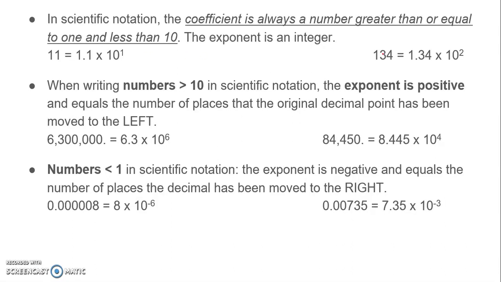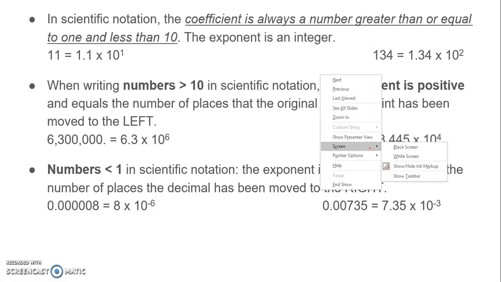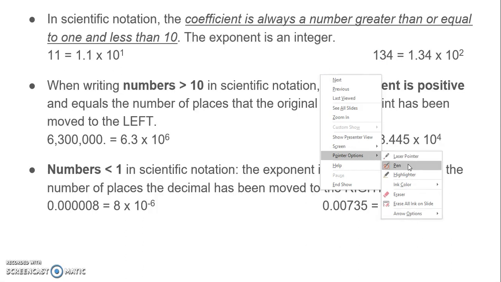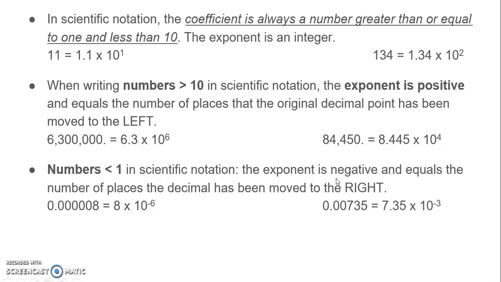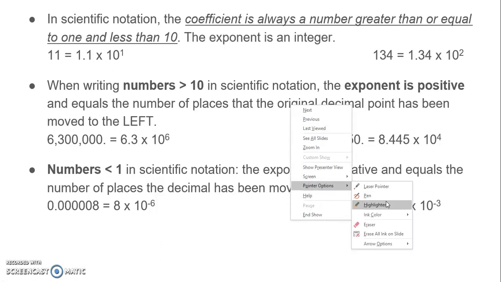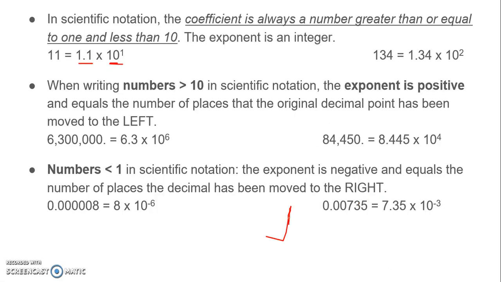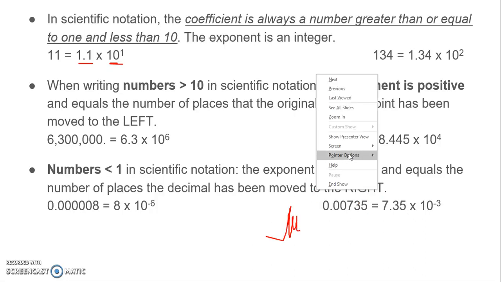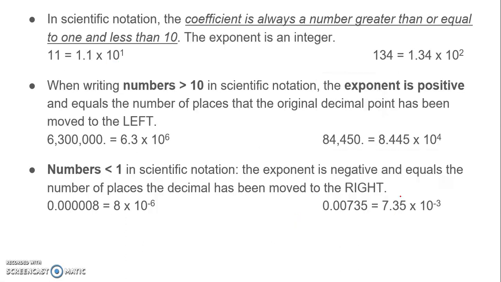Now the second thing here is that we have 134. So this one we have to convert into scientific notation. Okay, 134 is a number that is actually greater than 10.